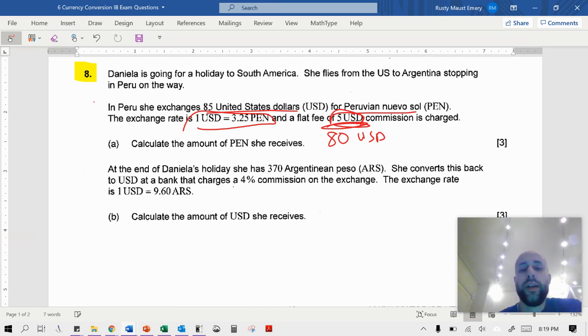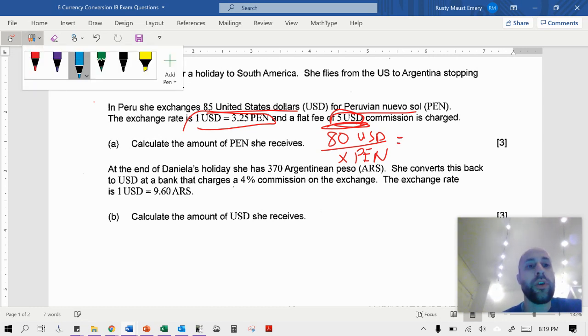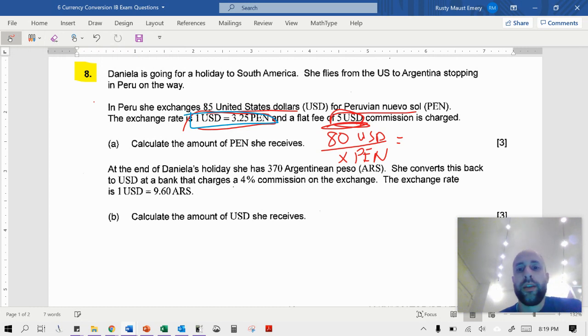For example, 80 US dollars is how many PEN? We don't know, and so we can set that equal to our conversion rate that we're given: $1 US is 3.25 PEN. And I could solve it that way.